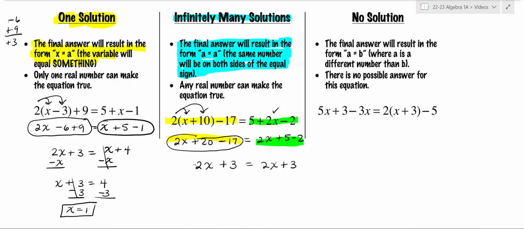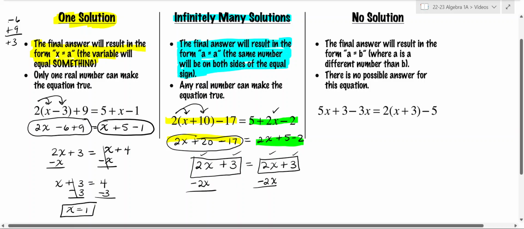Now watch. Right from here, you can tell that this is going to be infinite solutions because look at the left-hand side. And then look at the right-hand side. It's absolutely identical. You have both a 2x and you have both a 3. Okay, so if that still doesn't help, when you move the variables to the left, you see what happens?